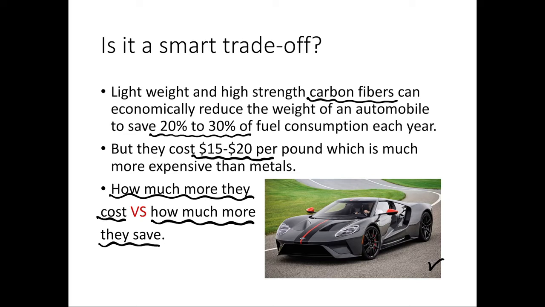If you save less than what it costs, then this is not an acceptable proposal. So how do you know? How do you compare these two? How do you determine if this is a smart trade-off or not? This is what we're going to learn in this chapter.